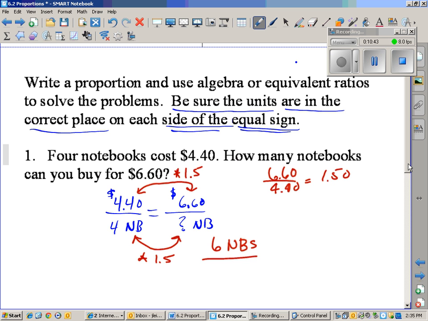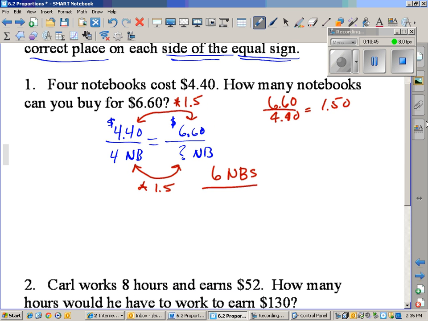We also could have used our unit rate information that we learned last time in class, and we could have said, okay, if it's $4.40 for 4 notebooks, how much is it for 1 notebook, a unit rate?